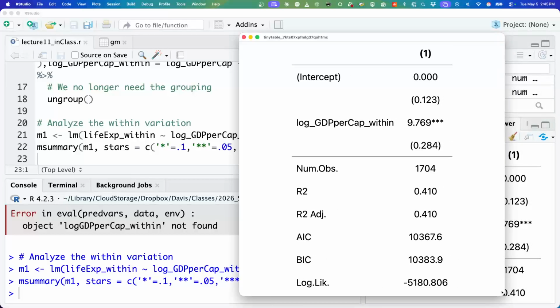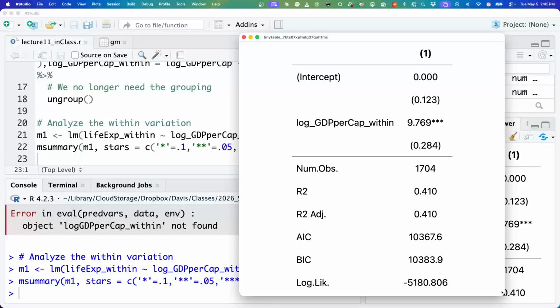Okay, so in this case, after we've demeaned everything, we see that there is this variable log GDP per capita within that is describing the specific variation that we observe, changes in GDP related to the variation within each group on lifetime, means that as our GDP per capita increases by 1%, then, do I have this backwards?